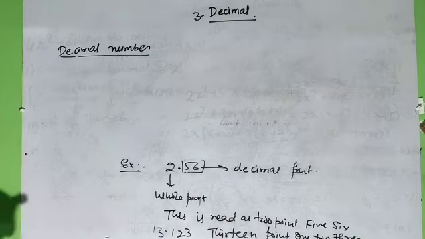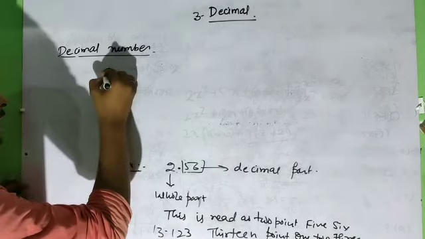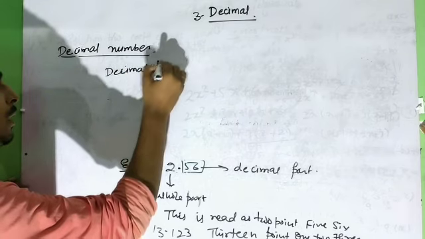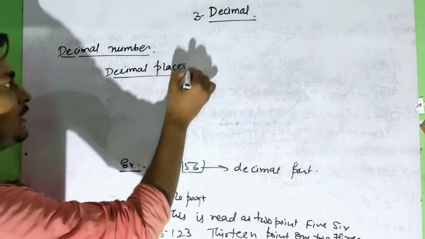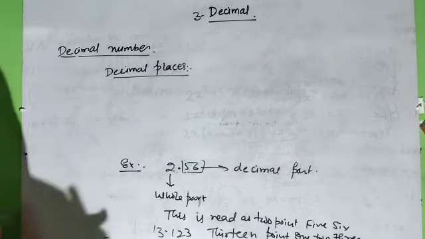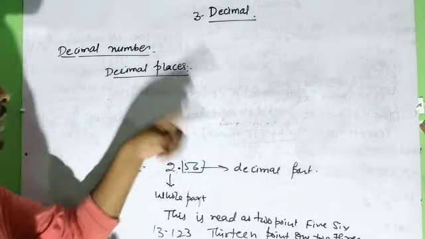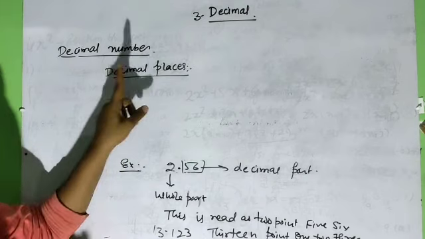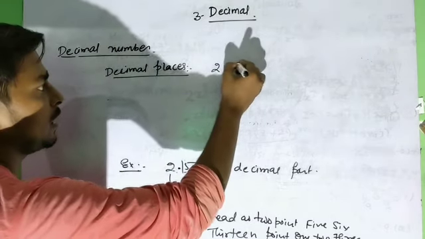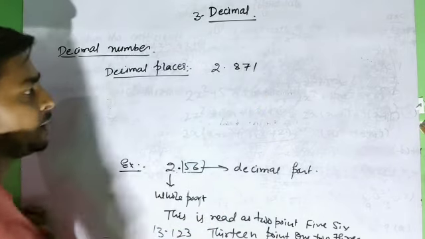Now the next thing will be decimal places. I know that there will be some problem with the image of myself, but we have to adjust it. So this is decimal places. Take 2.871.